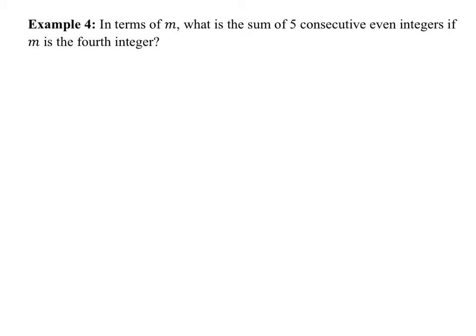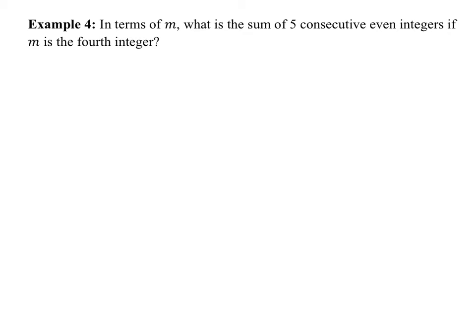Give me an even integer, Christian. 2. So if the number 2 is our even integer, what's the next even integer? Then 6, 8, etc. How much does each integer differ by? 2. What if this had been a statement that said odd instead?